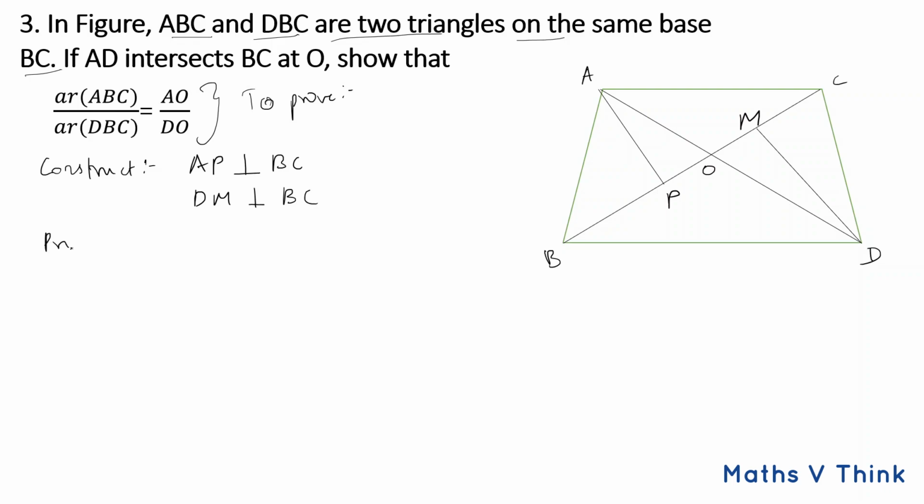Now the proof. Why have I constructed these two perpendiculars? Because I'll be applying the formula of half into base into height. So for triangle ABC, the base will be BC and the height will be AP. Same way for triangle DBC, the base will be BC and the height will be DM.